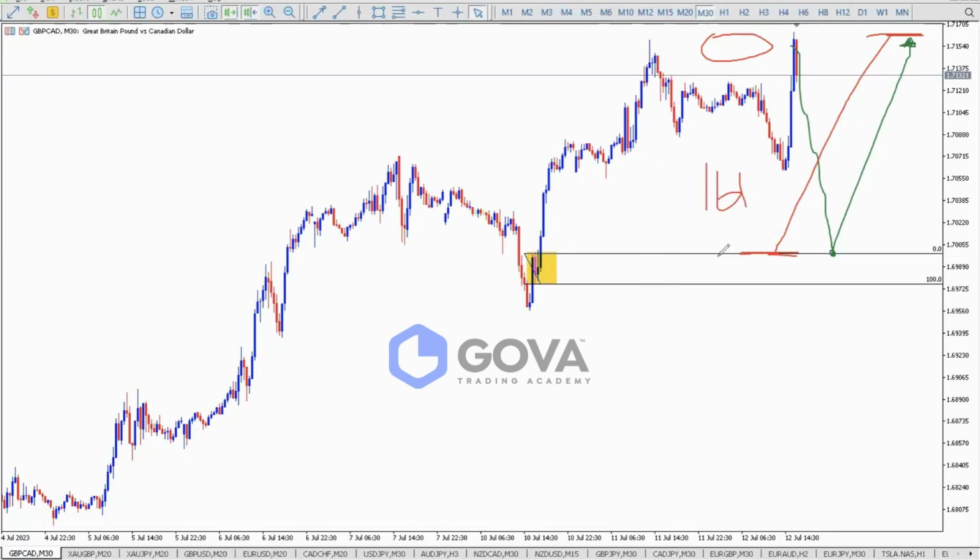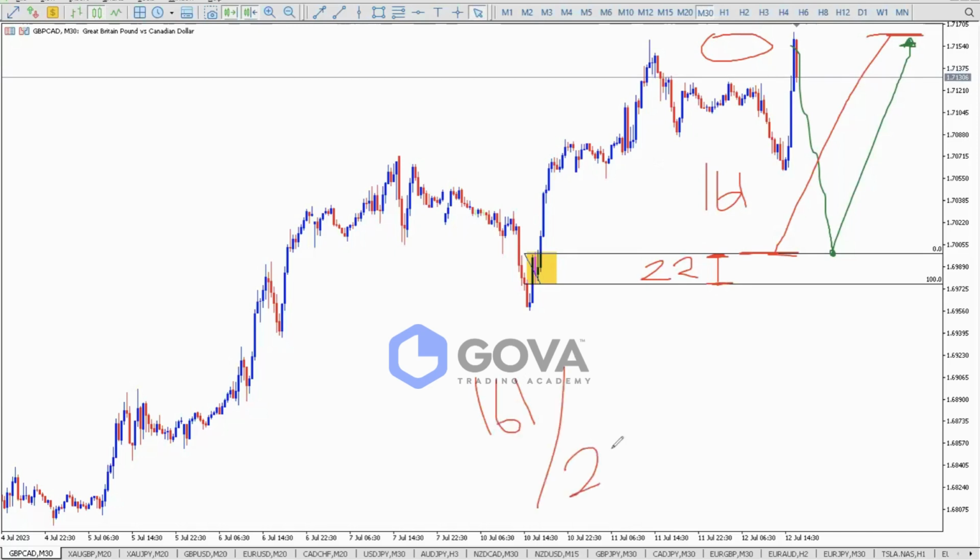The risk is what? From here to here, the risk is 22 pips. Now, what you need to do is divide it: 161 divided by 22 pips. It is going to give us the risk-reward ratio.